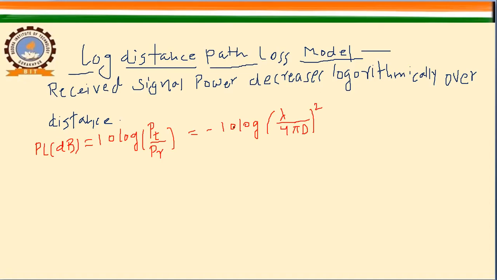So this is the free space model, where path loss is logarithmically 1 by d.